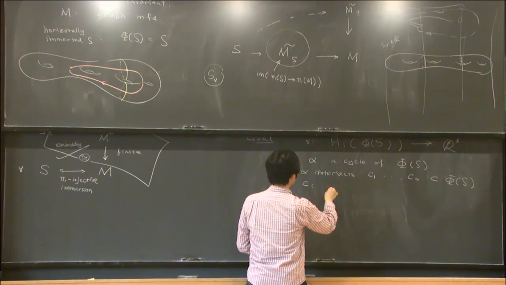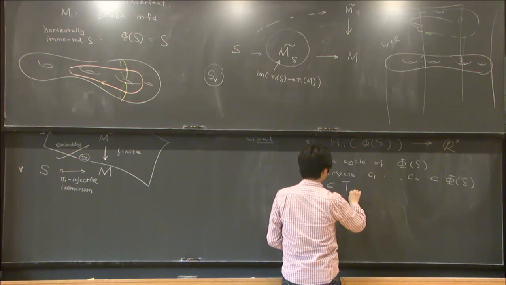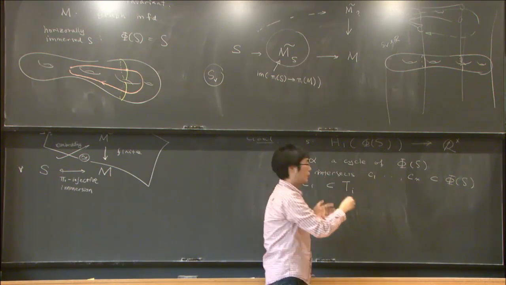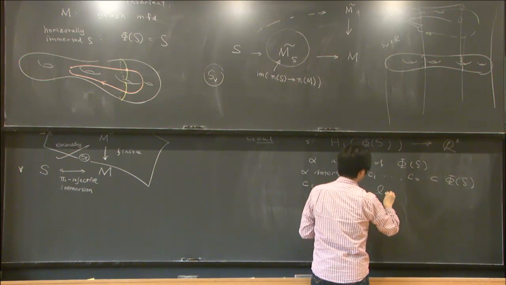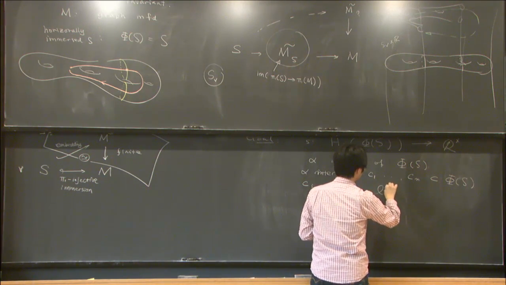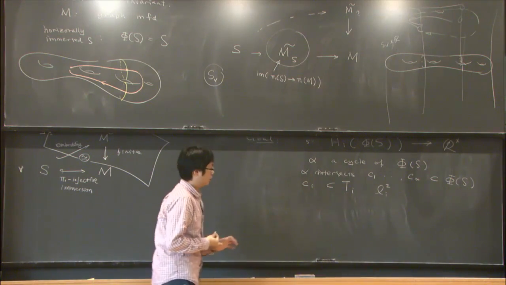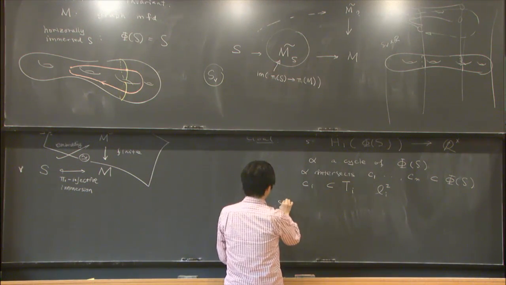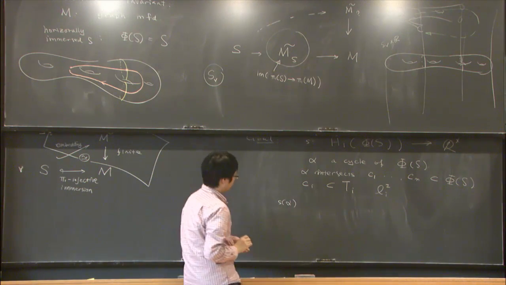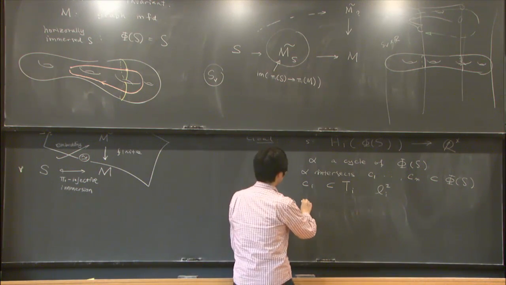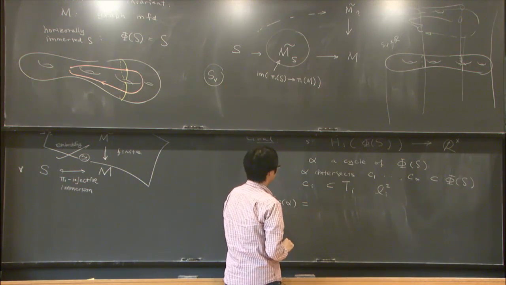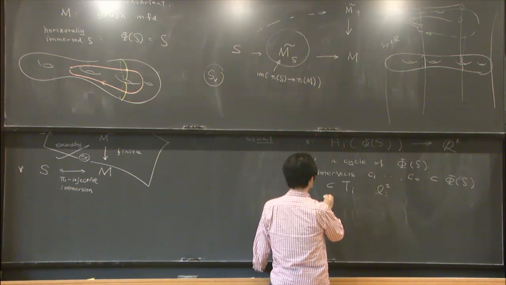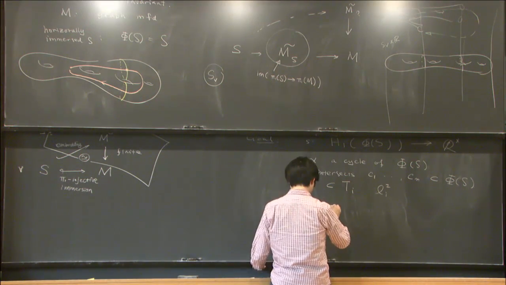So Ci lies in Ti, and the Ti receives 2 different regular fibers on adjacent pieces. Let's denote them as Li plus or minus. Then your invariant s is basically defined to be a product of the intersection numbers.